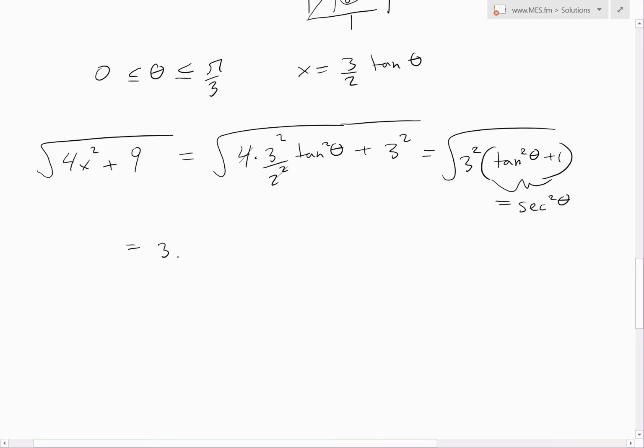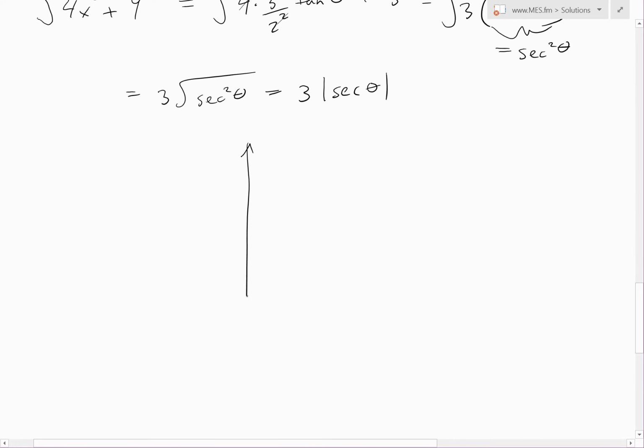So this just equals the square root of secant squared theta, which equals 3 times the absolute value of secant theta. But also now if we recall the graph of theta, let's call this y. Let's draw what we know, we can easily know what the cosine theta is.